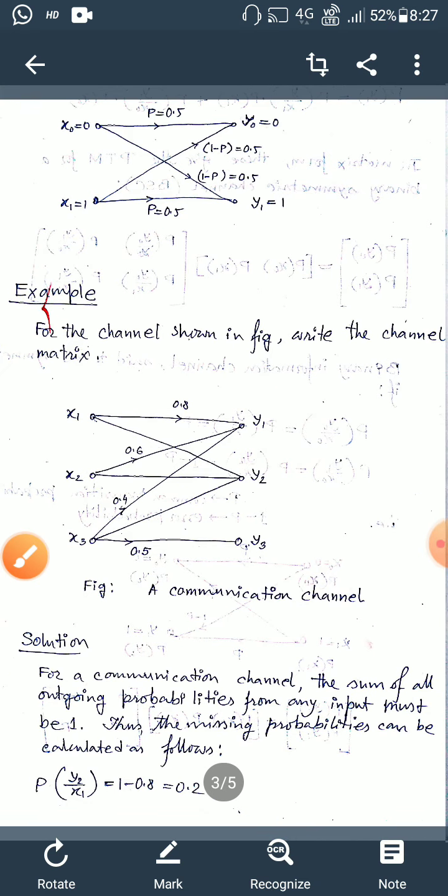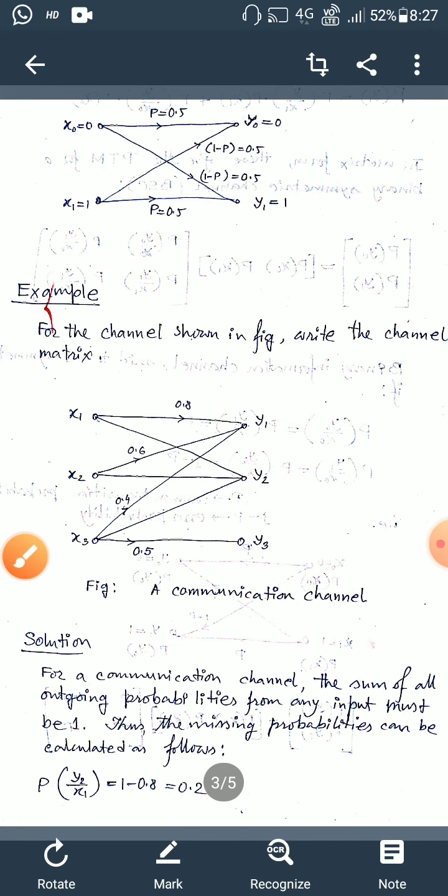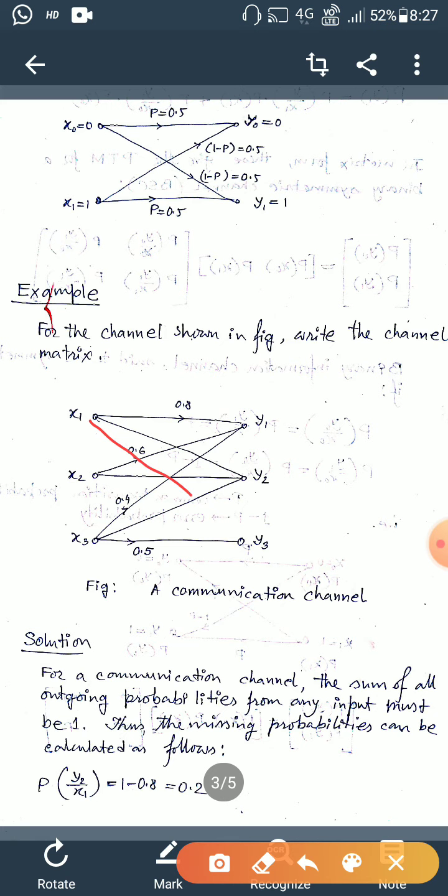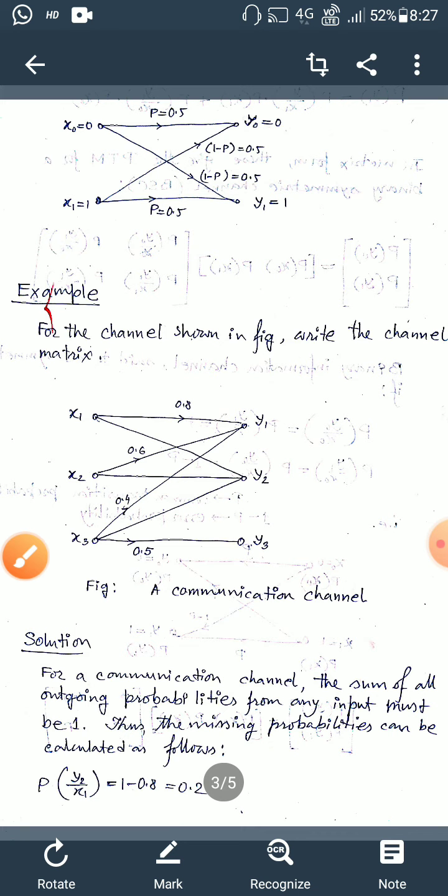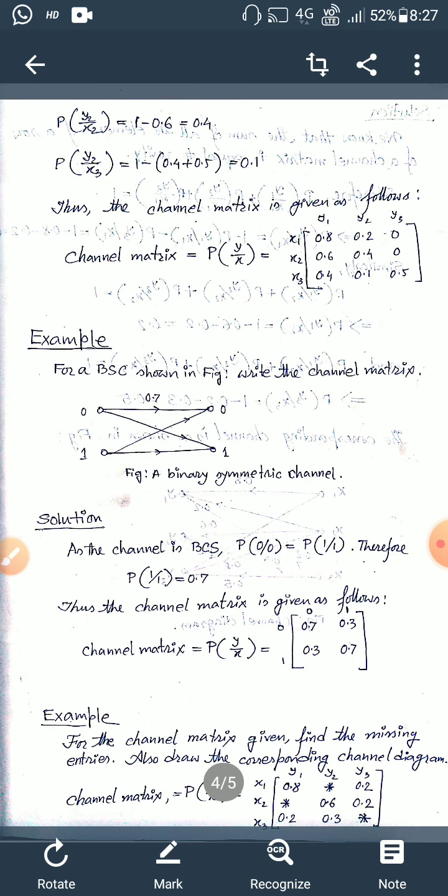From this position to this position, no transition probability is required, because no path or connection is present, so this is 0. On that way you can complete the total matrix.